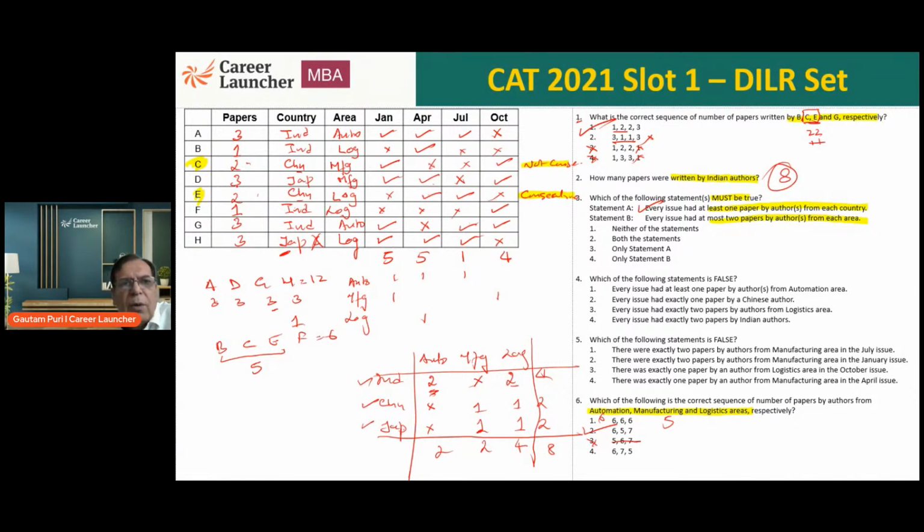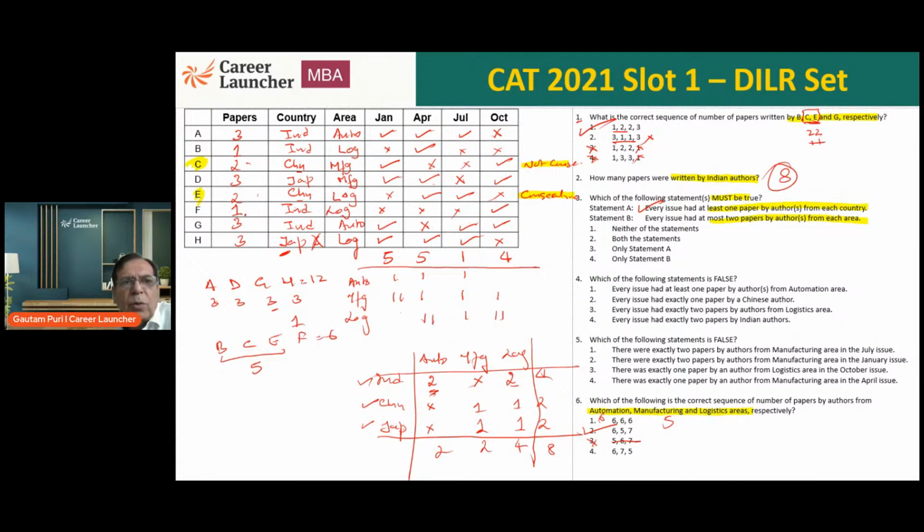A, B, C. What about D? Manufacturing, January, April, October. Then E, nothing in January. There's logistics, but the remaining 3, nothing in January, but 1, 1, 1. Okay. Then we have F, logistics, only 1 paper in October.